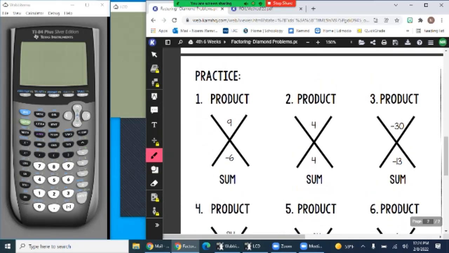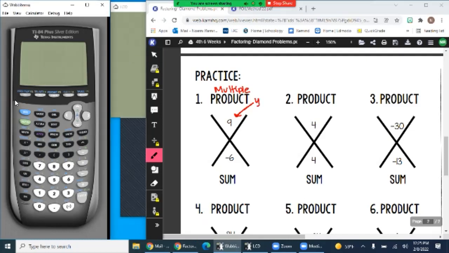Okay. So we know that the top number is the product. It is the multiple. It's the factor. Okay. Now, how do you find the factors of 9 using just the calculator? If you don't know your multiples of 9, how would you do that? You go to y equals and you put this in.